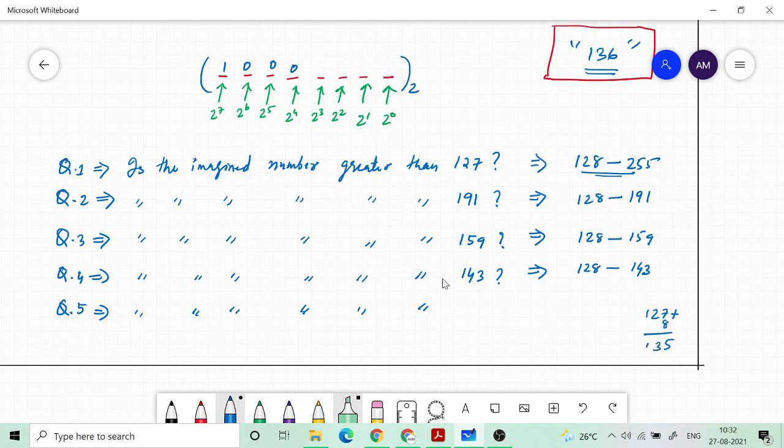So 135. Now what is the answer now? Yes, it is greater because it is 136, which is greater. So what we need to put now is 1 here. So now the range is what? 136 to 143.